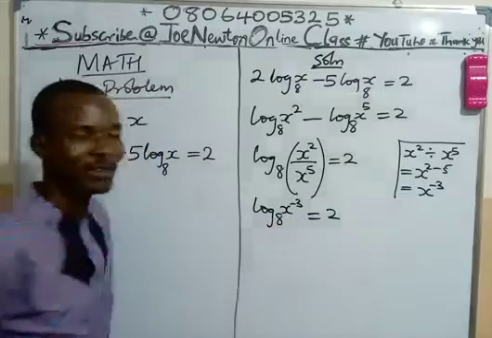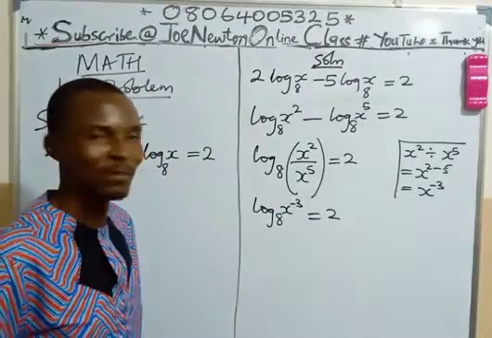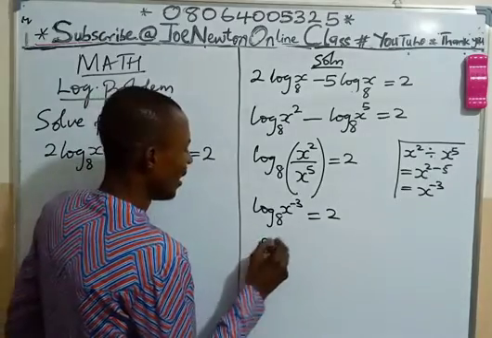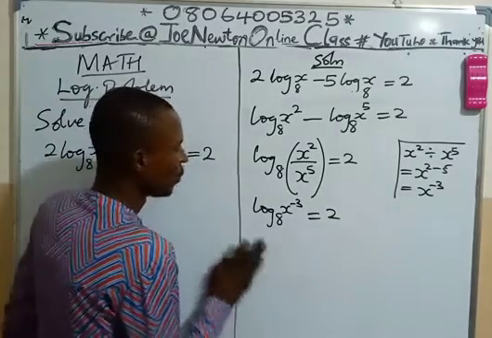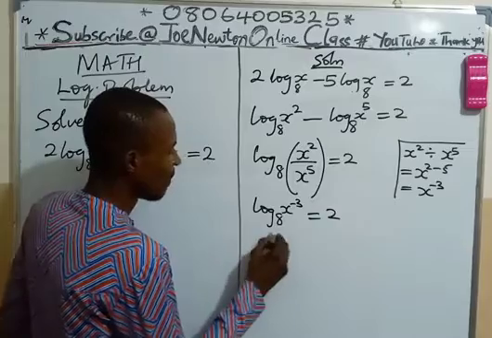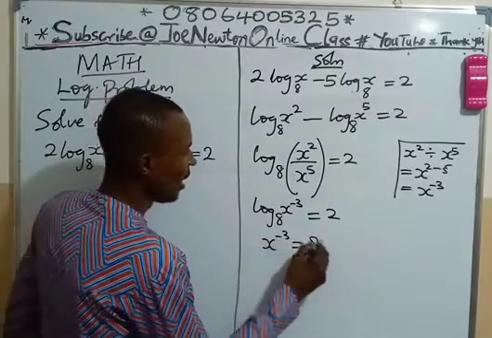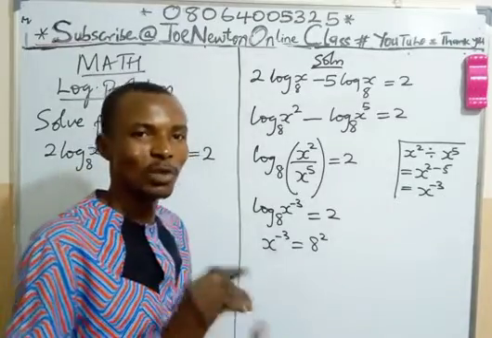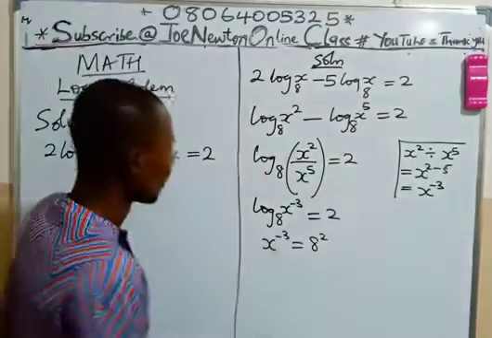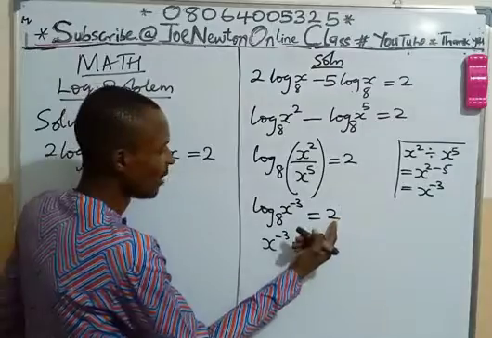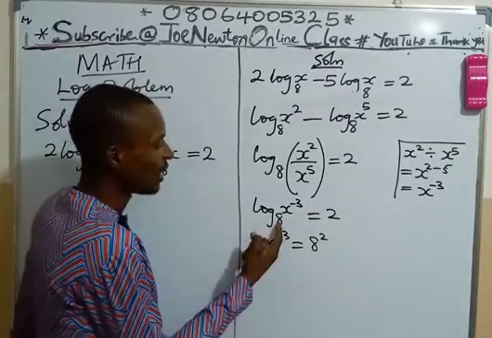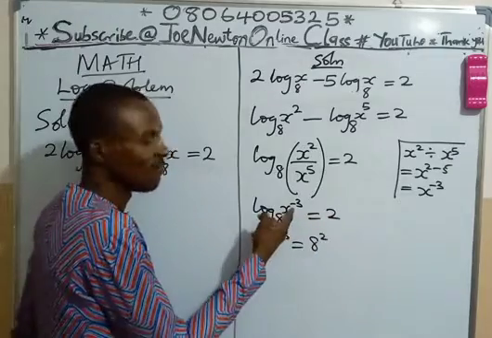Then at this point, according to our law of logarithm, this will now give us x power minus 3 is equal to 8 power 2. That is the rule of logarithm solution, where we have this base, it means that 8 power 2 will give us this value.